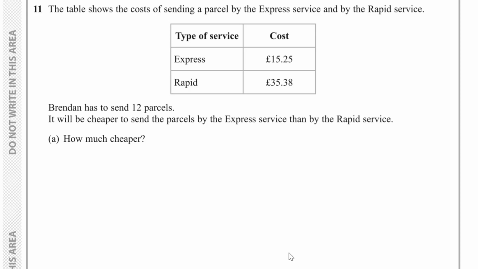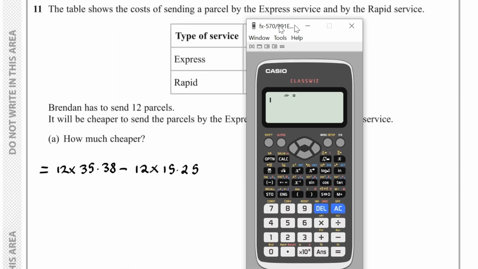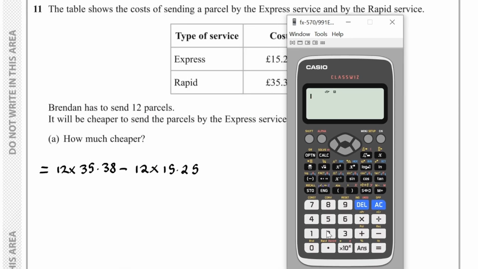So, to do this, we have 12 times £35.38 minus 12 times £15.25, and we can of course use our calculator to do this.